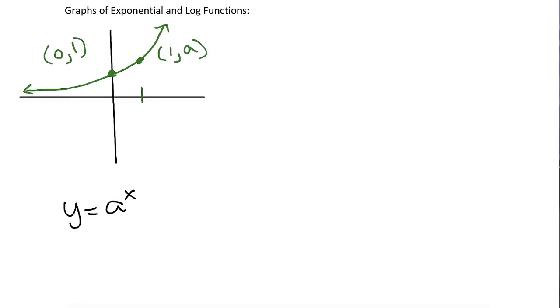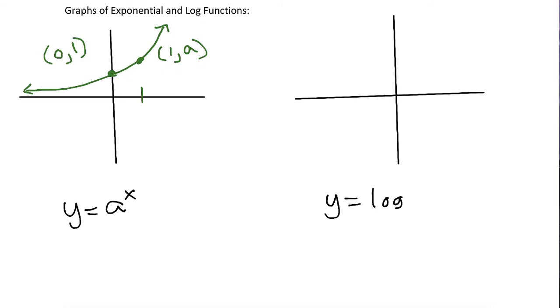Now, if you look at a log equation, because they're inverses, they look like inverses. You have y equals log base b of x. If I were to graph that one, it looks like this. It has those same points, but they're reversed because they're inverses. So this is 1, 0.